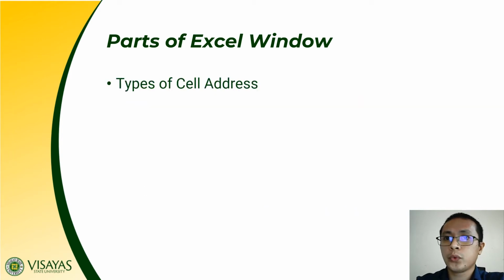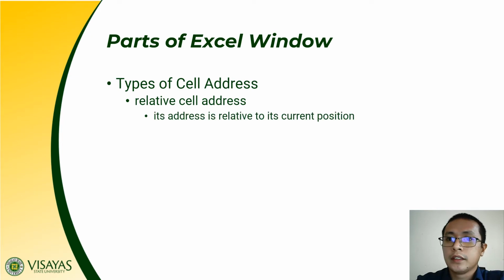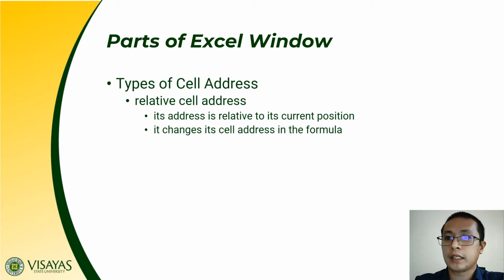Now there are actually two types of cell address. We have the so-called relative cell address, and we also have your absolute cell address. It is called a relative address because the cell address is relative to its current position. So it doesn't have a fixed address; its cell address changes or adapts to its current cell position.